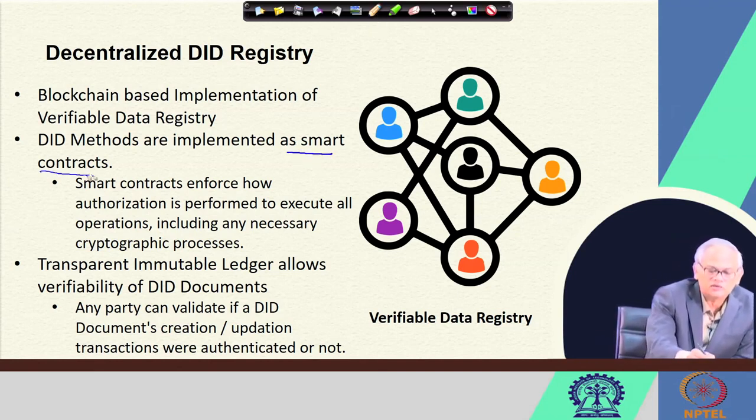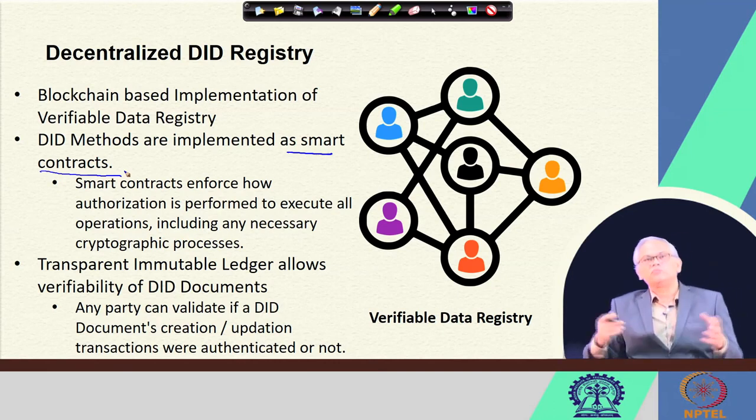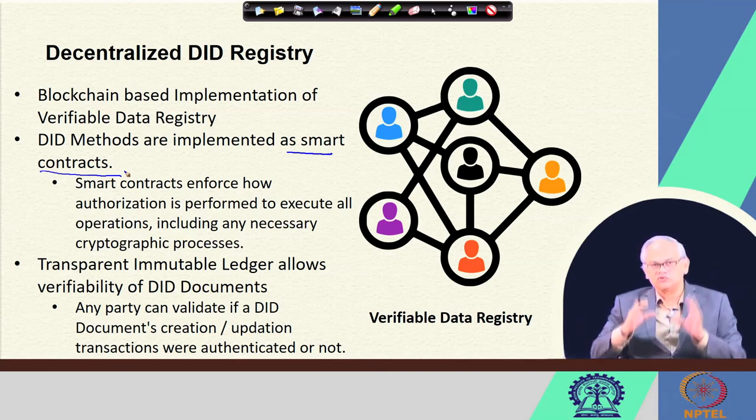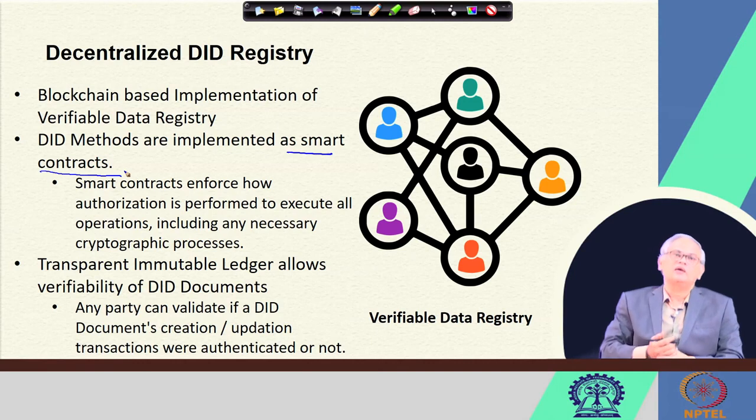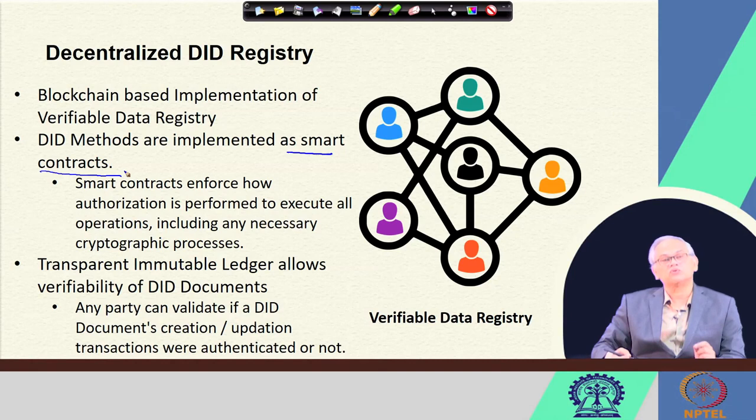The DID methods, of course, are not simply lying there for somebody to verify. These are to be done in a systematic manner, which can be done by smart contracts, which we have studied already in our other lectures and in the tutorials. They would enforce how authorization is performed to execute all the operations, including any necessary cryptographic processes like verification of digital signatures and so on.